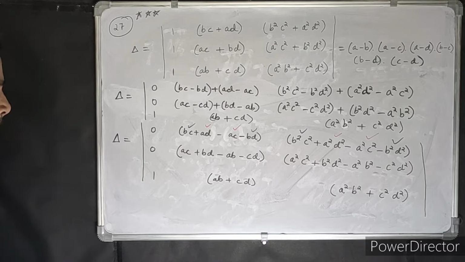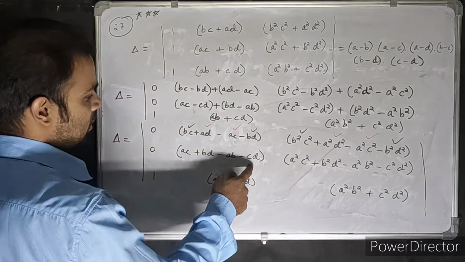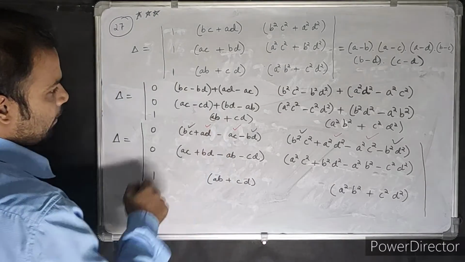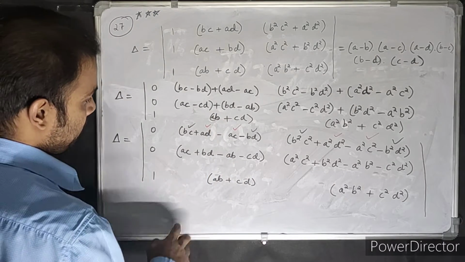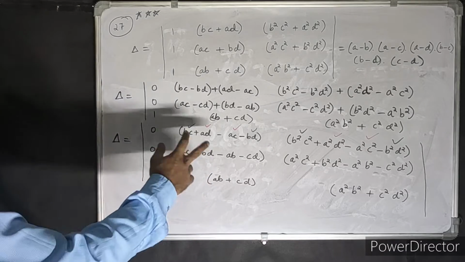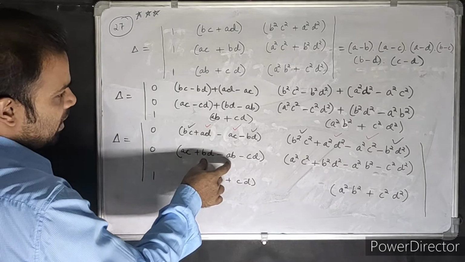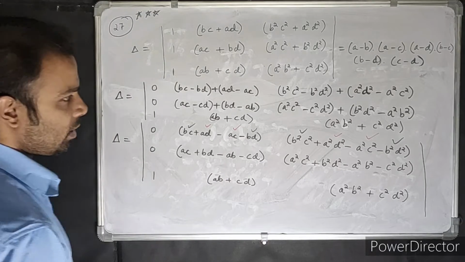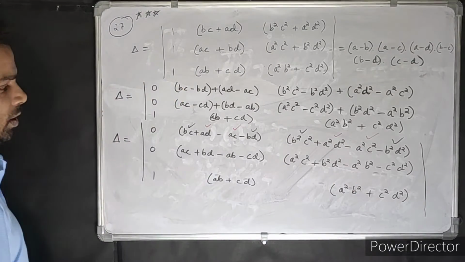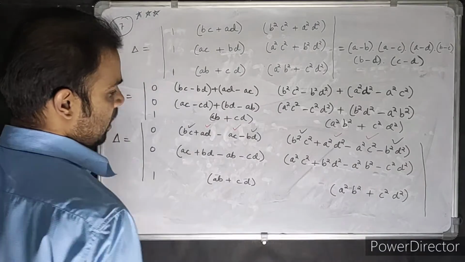Okay. Again, checking it out. AC, CD, BD. Yeah, this was my previous step actually. Yeah, AC and CD, and this is BD and AB. Positive, all correct. AC, BD, and AB.